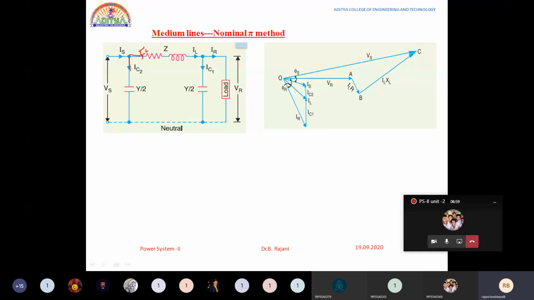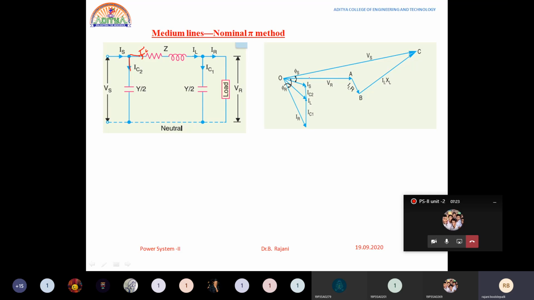Phi s is the angle between the sending end current and the sending end voltage. If you take cos on both sides, cos phi r is the receiving side power factor and cos phi s is the sending end side power factor.